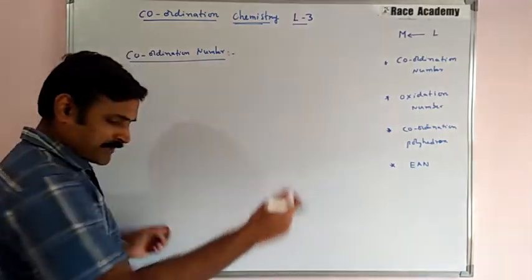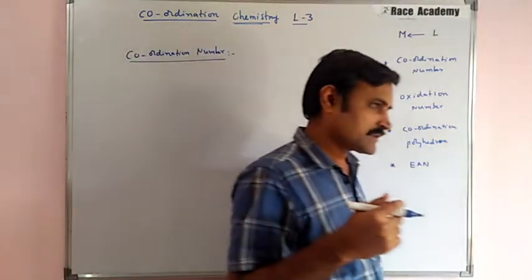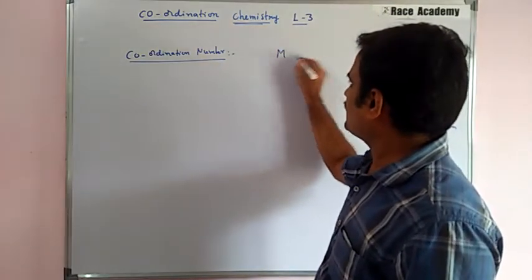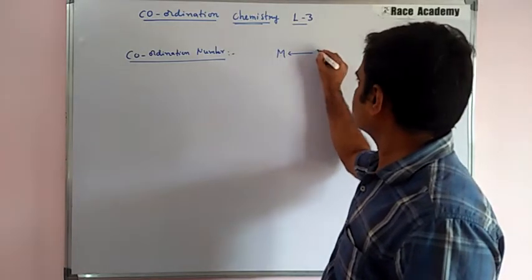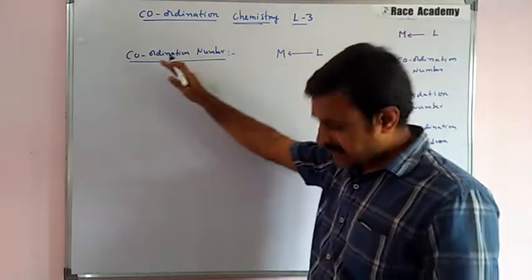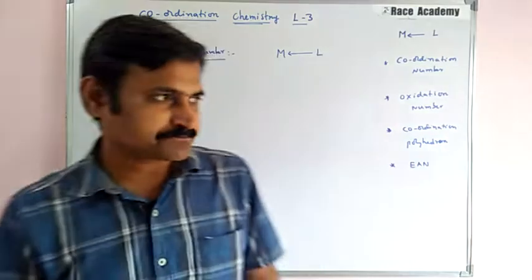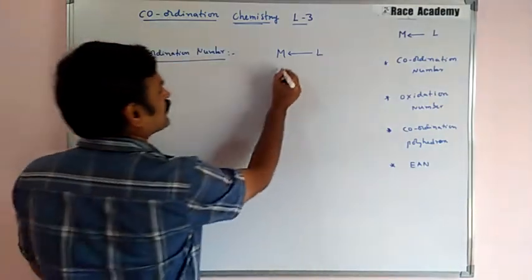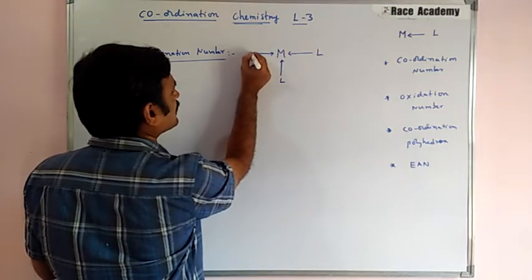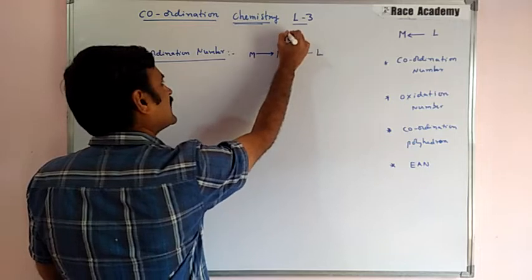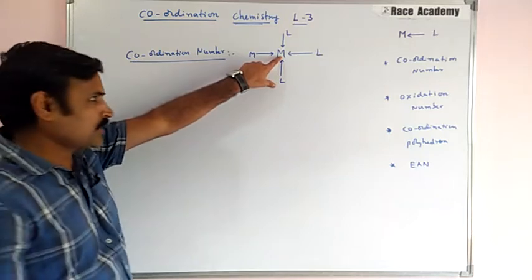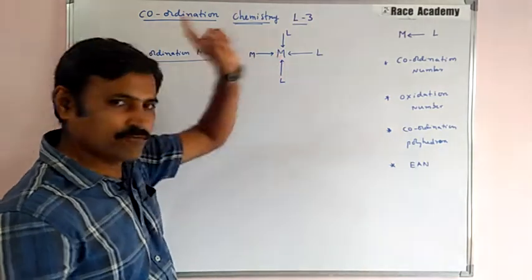That number is called the coordination number of the complex. For example, if I write 4 ligand symbols around the metal, it indicates that the coordination number of this metal atom or ion in the complex is 4.